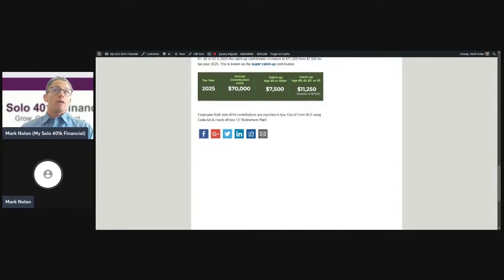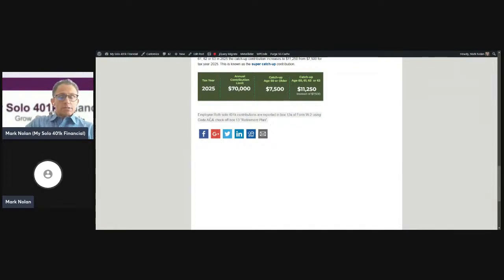Now, employee Roth Solo 401k contributions are going to be reported in box 12A of your Form W-2 using code AA, and then you're going to check off box 13, retirement plan. So even though you don't get a deduction for it, because Roth employee contributions are never tax deductible.